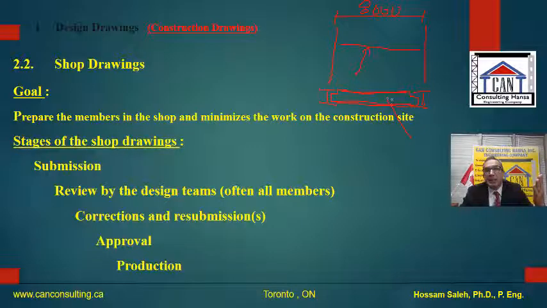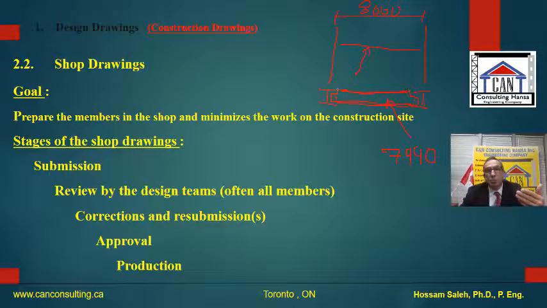Now this length here, for example, might be 7990, that they calculate. So they submit to us, the consultant, this drawing and say, okay, here we have this many holes for the bolts, and that's the cut, and that will be our beam.